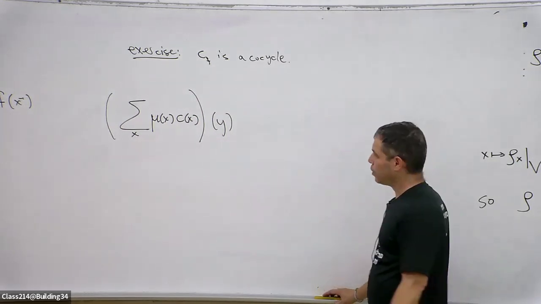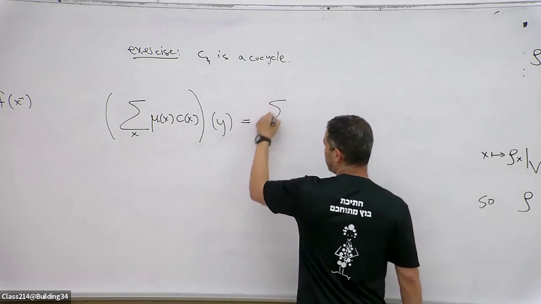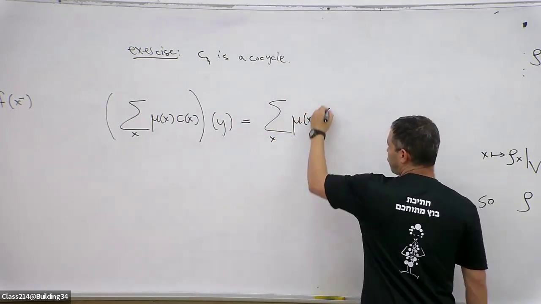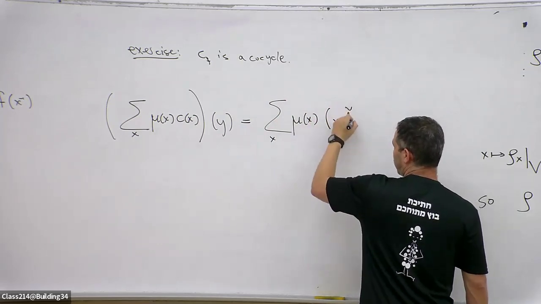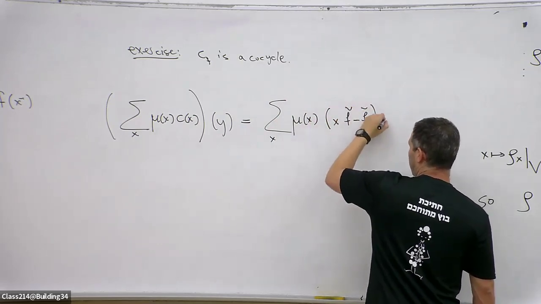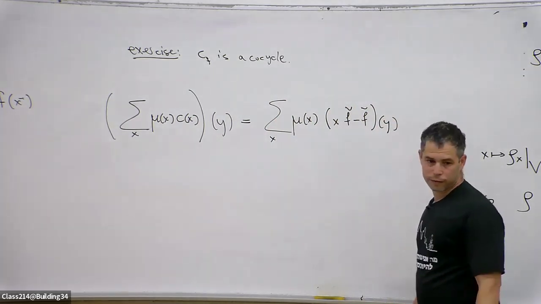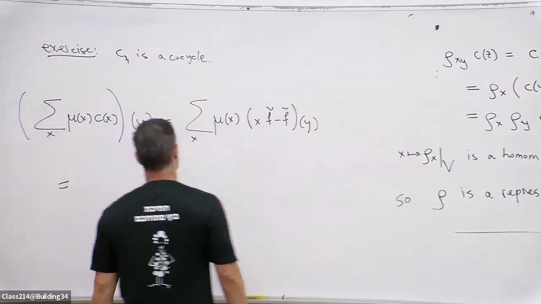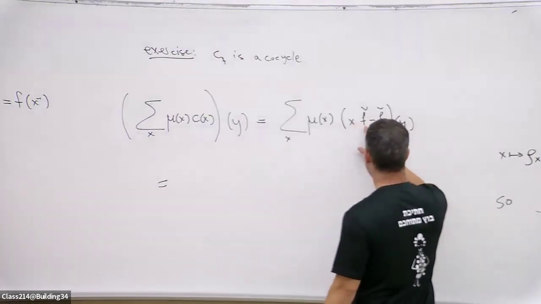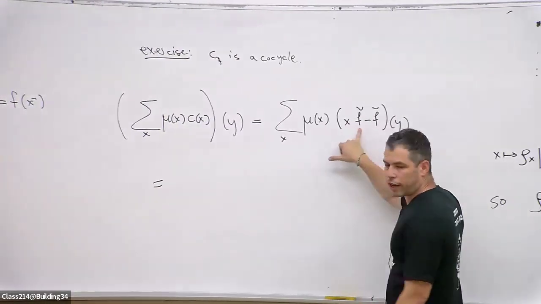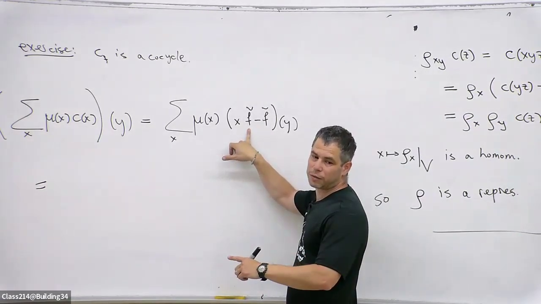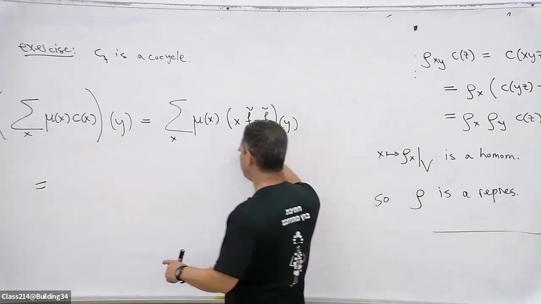Okay? So what is it? Let's write it down. It's the sum over all x, mu of x, we have the function x f check minus f check acting on the point y. Right? This is the definition. This is equal to, now what is x f check at the point y? It's f check at x minus 1 y. But that's just f at y minus 1 x. And this will just be y minus 1.